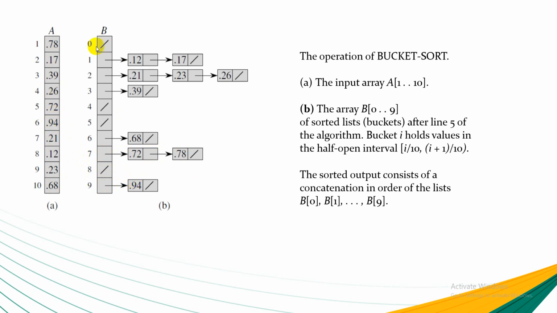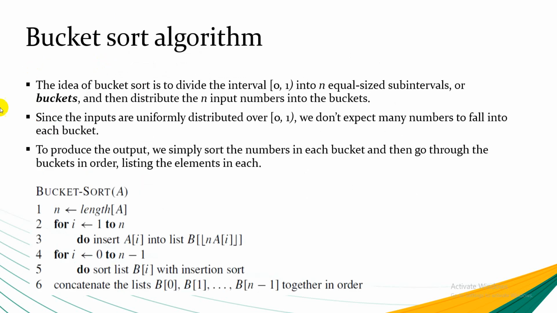Now we have this array. We know that this array is sorted, but the linked lists also should be sorted. So once this array is built, the next step is to go over each linked list and sort it. And that's how the algorithm works.